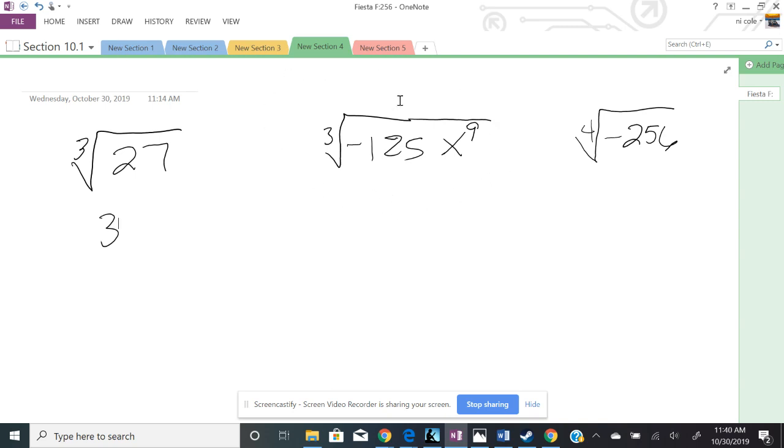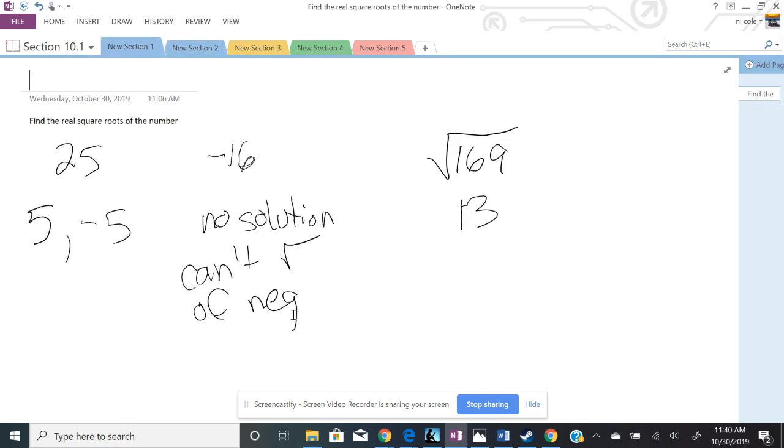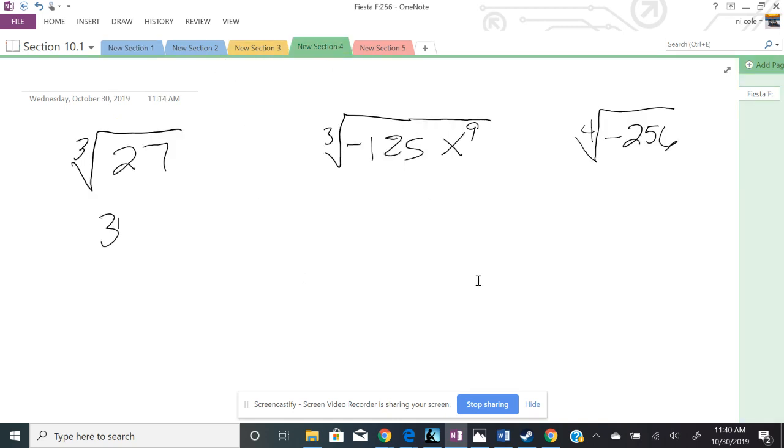Before, over here, no solution, can't take the square root of a negative number. Well, guess what? We can take the cube root of a negative number, because -5 times -5 times -5 is -125. And then this would be x to the 3rd.